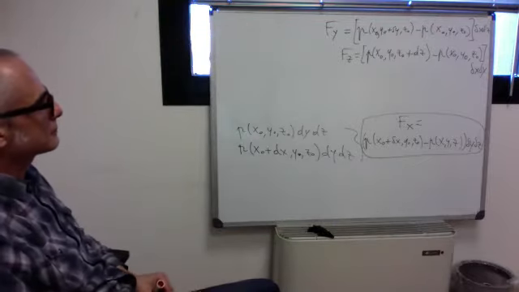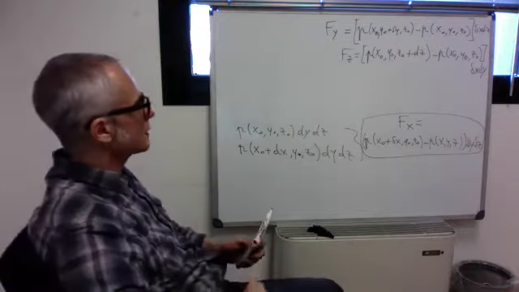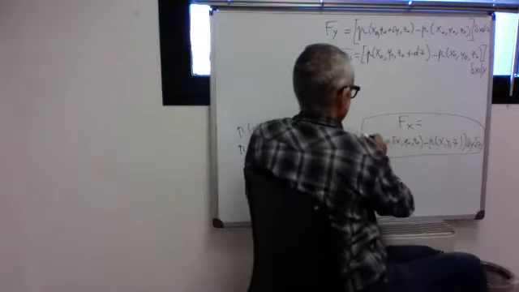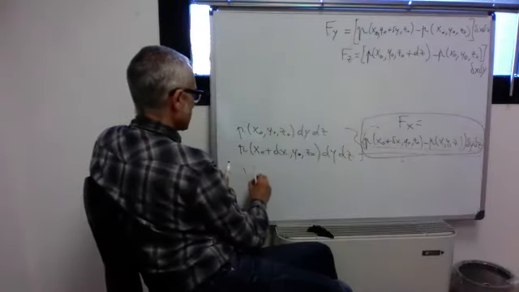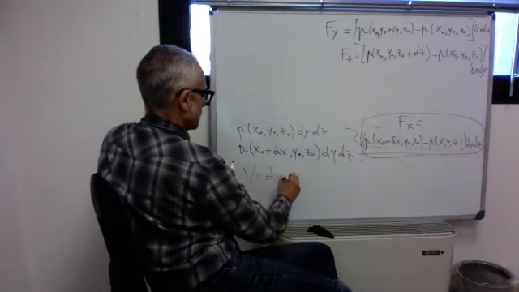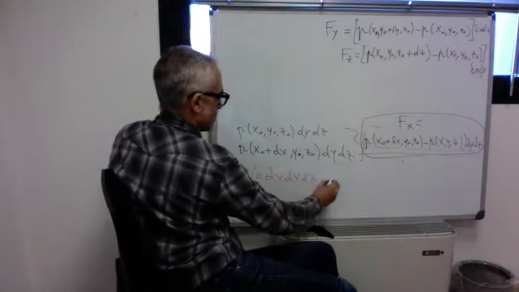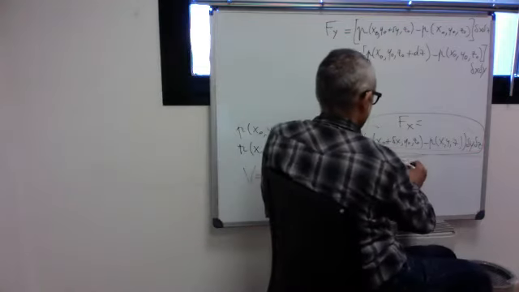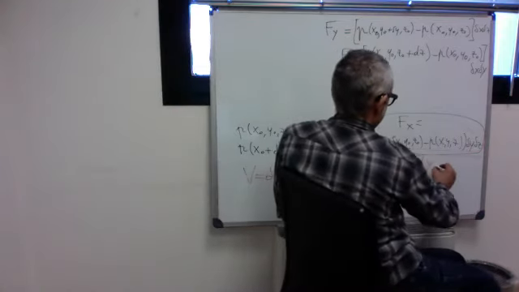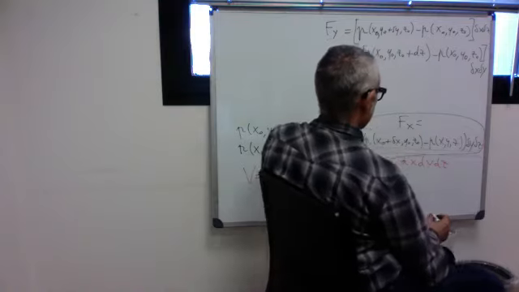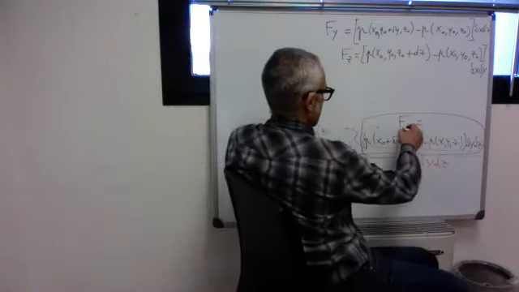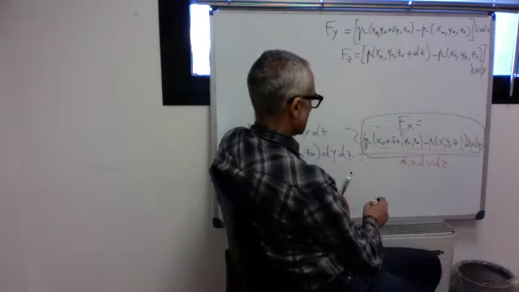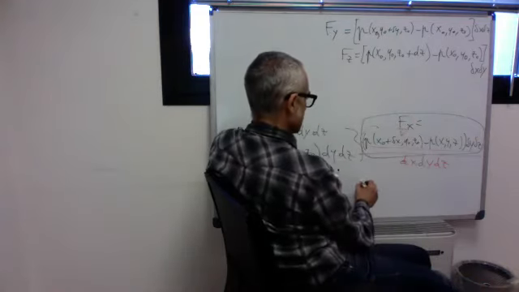So now, what if I take this and divide it by the volume of my box? The volume of my box is dx dy dz. What I get would be force per volume.